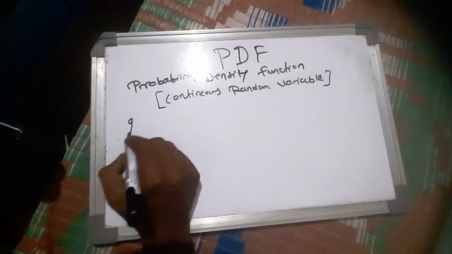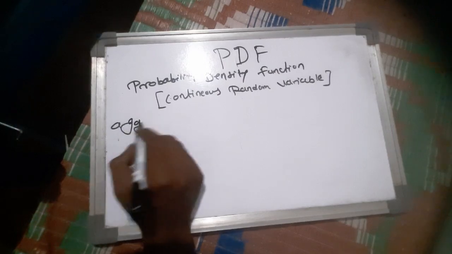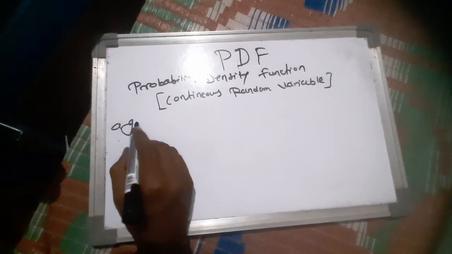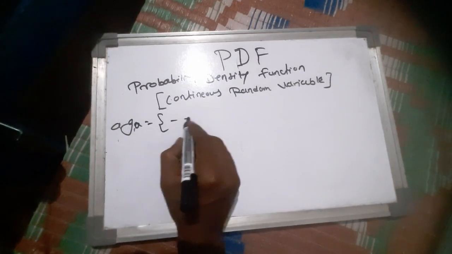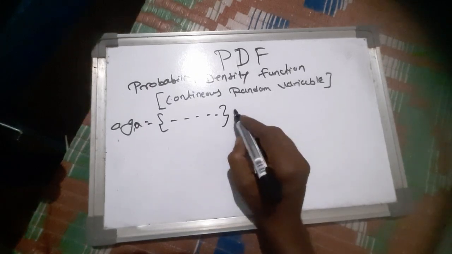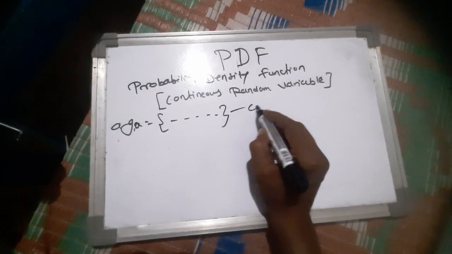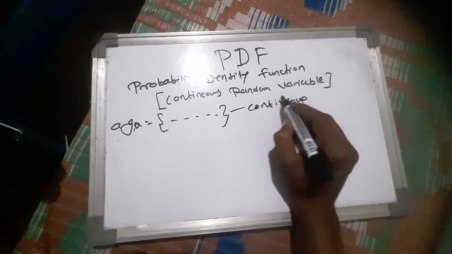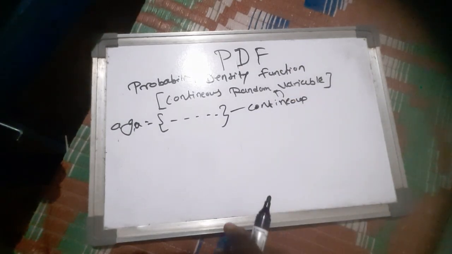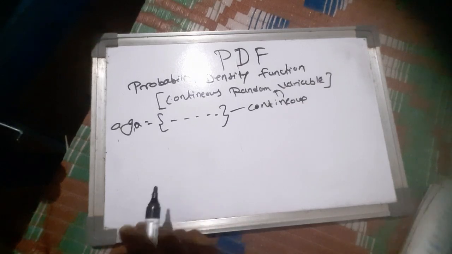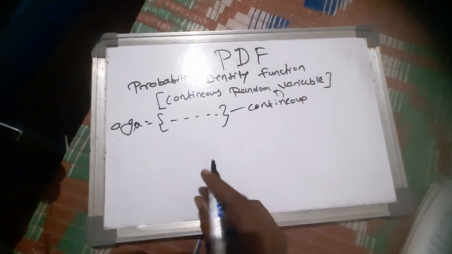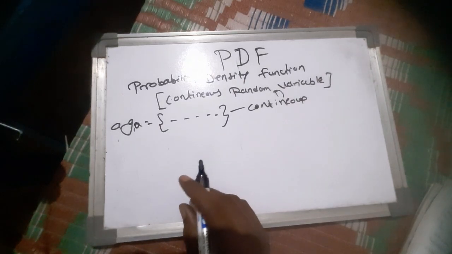Here let's consider the age, where the data point is continuous, right? For a continuous random variable, we are talking about the concept of area under the curve.